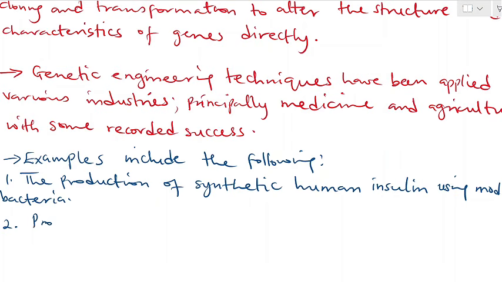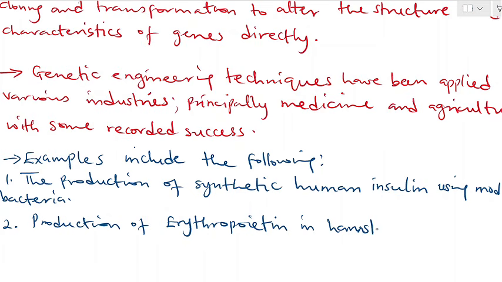Example number 2 is the production of erythropoietin in hamster ovary cells.